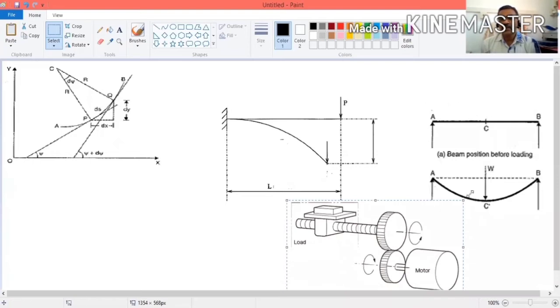When load is applied, see how it deforms. Here the deformations are exaggerated. Generally, when a system like this deforms like this, it cannot perform its duty properly.